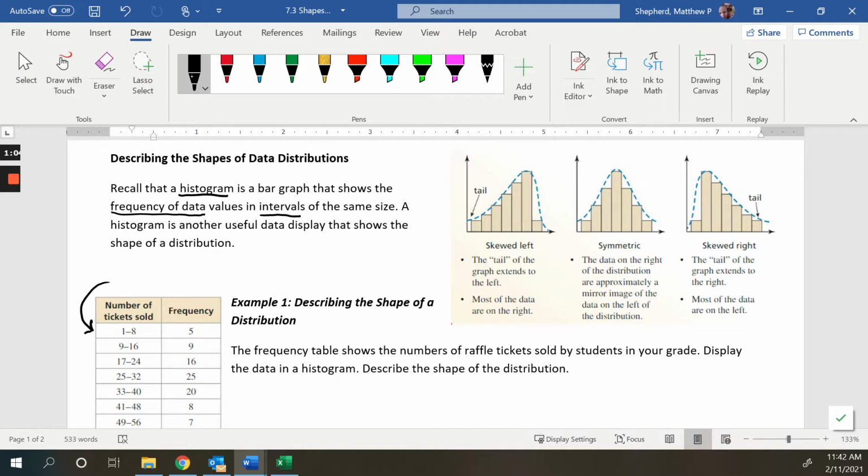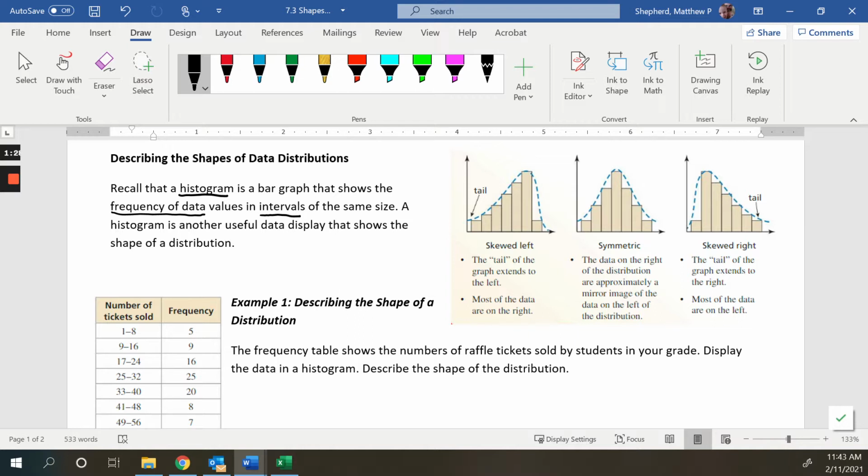To go from 9 to 16, we add a 7. 17 to 24, we added a 7. So every single one of those intervals is the exact same size, and that is important when you create your own frequency tables and histograms.